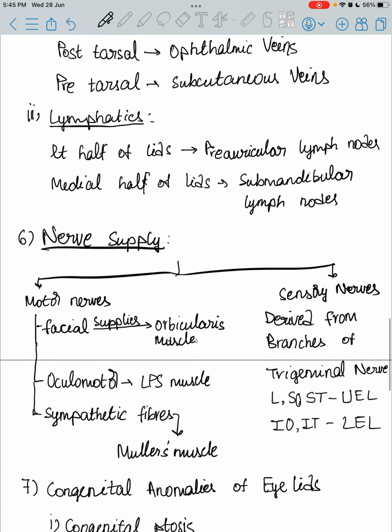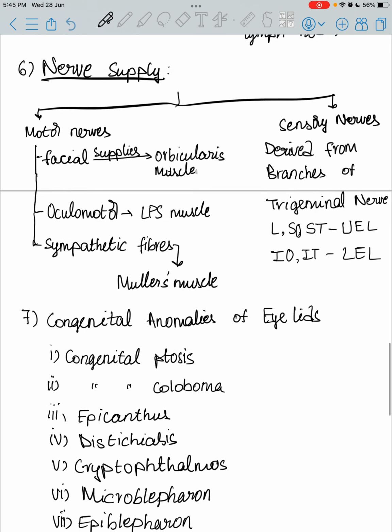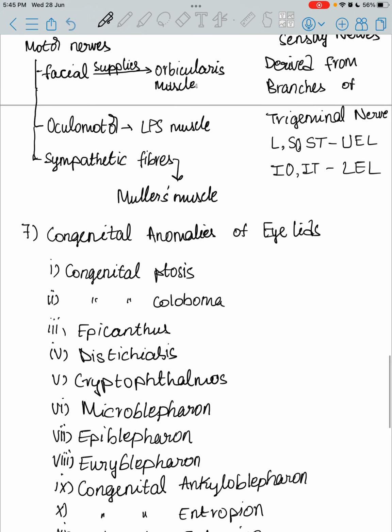Let us discuss about congenital anomalies of eyelids. So these are the abnormal eyelids which are formed at the time of birth. The first abnormality is congenital ptosis.